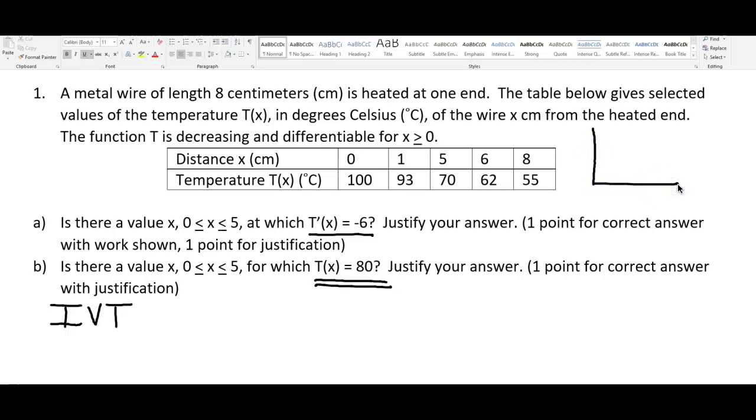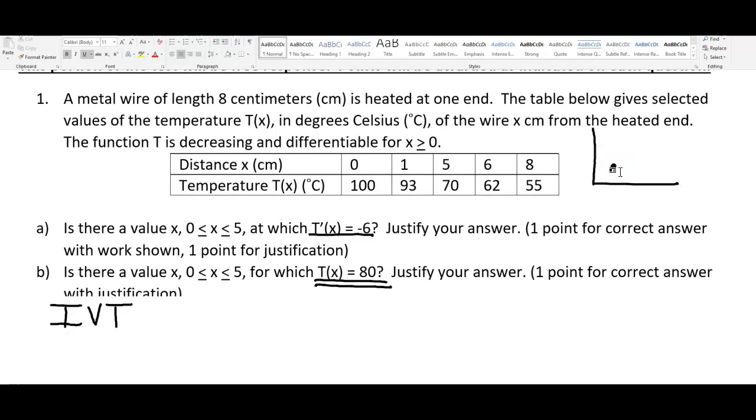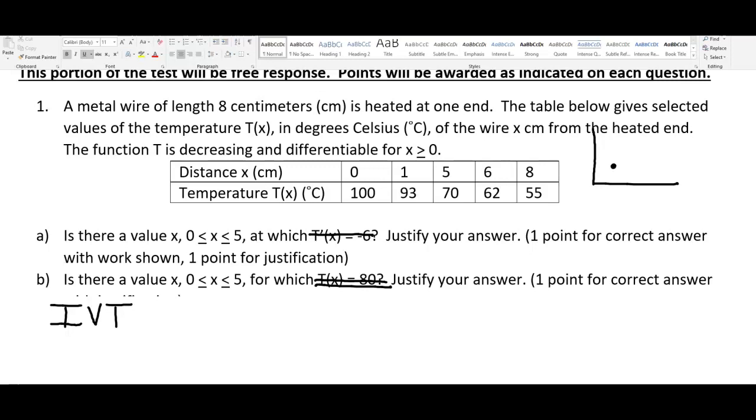The intermediate value theorem basically says that if you go from point A to point B, somewhere along the way, you must have crossed point C, right?